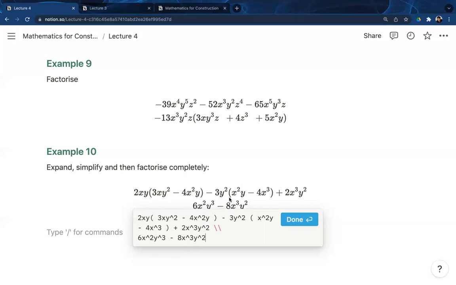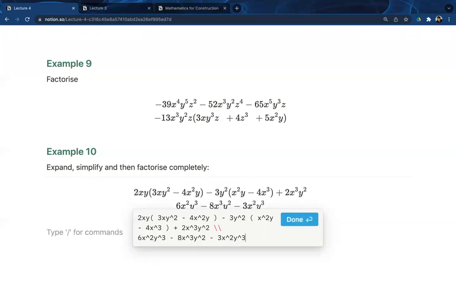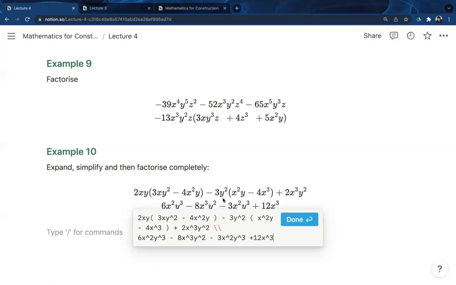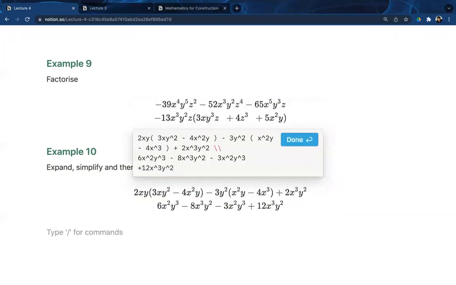Minus 3 by plus, that is minus 3. The x squared comes along for the ride, and I have a y cubed, right? y squared by y is y cubed. Now minus by minus is plus, so that's a plus. 3 4s are 12. I'll have that x cubed here, and I'll have the y squared. And then this 2 just comes along for the ride. 2x cubed y squared.